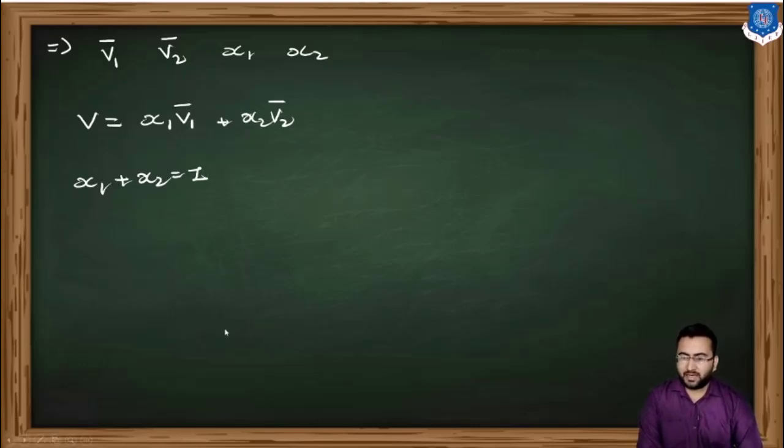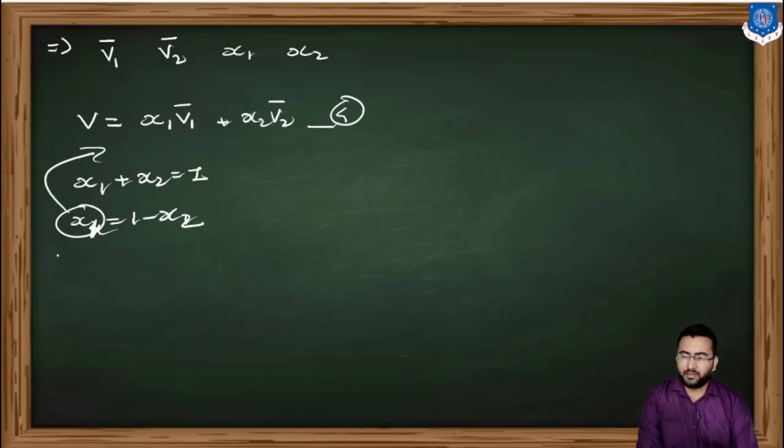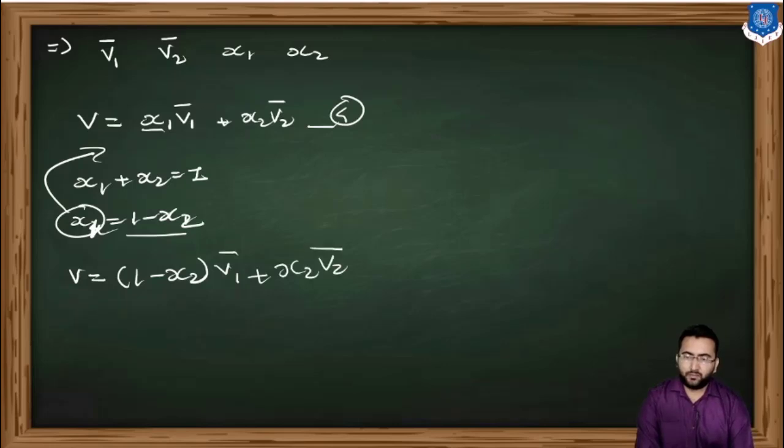So we can say that x1 is equal to 1 minus x2. Let's suppose the molar volume equation is our equation number 4. Using this value of x1 in equation number 4, the equation becomes V is equal to (1 minus x2) V1 bar plus x2 V2 bar.